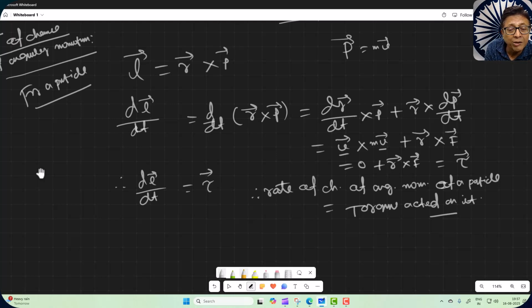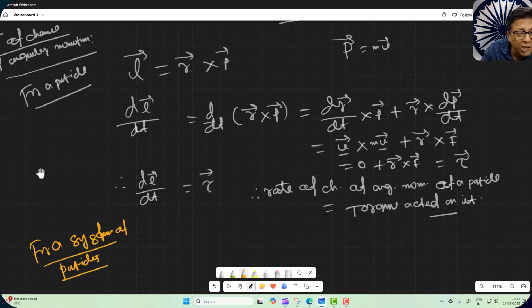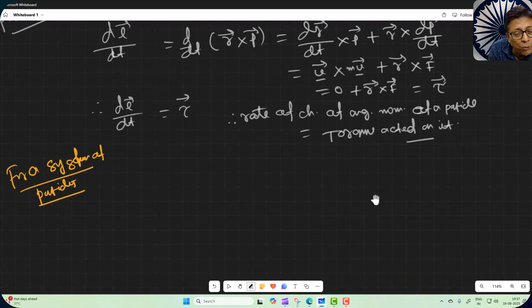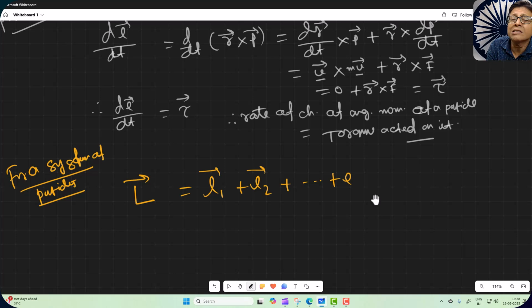This is for one particle you have done. For a system of particles, these are all vector quantities, not scalar quantities. So you have to find the angular momentum of all particles. This is L1 vector plus L2 vector. Suppose, not a rigid body, for a system of particles, n particles are there.